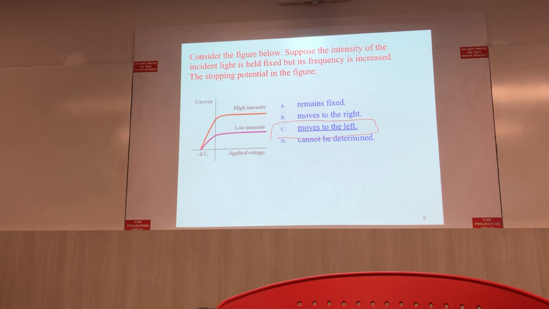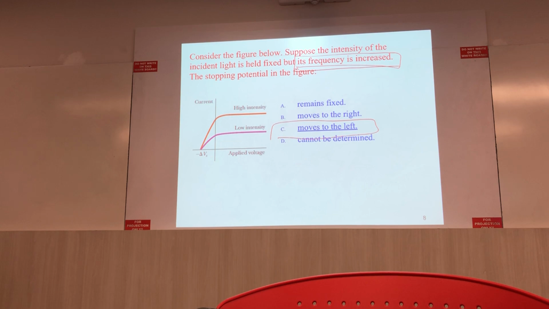So why? What do you mean by this increased frequency? Our frequency is now much higher, okay? It's a very high frequency. In other words, your photon energy is also high. So your photon now becomes a more energetic photon.